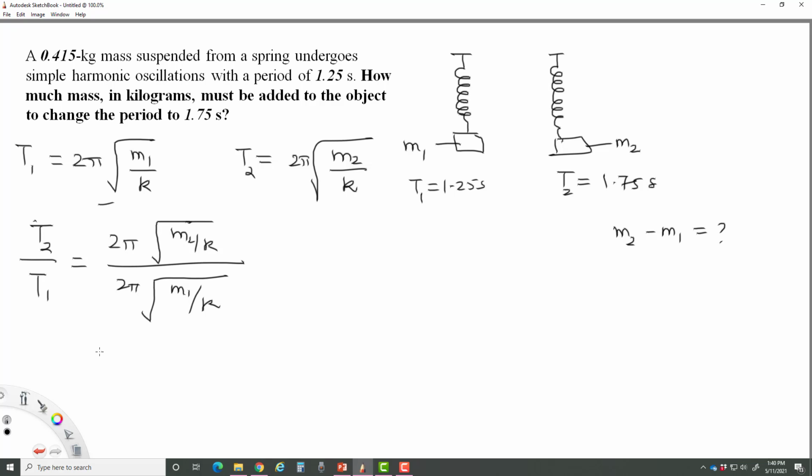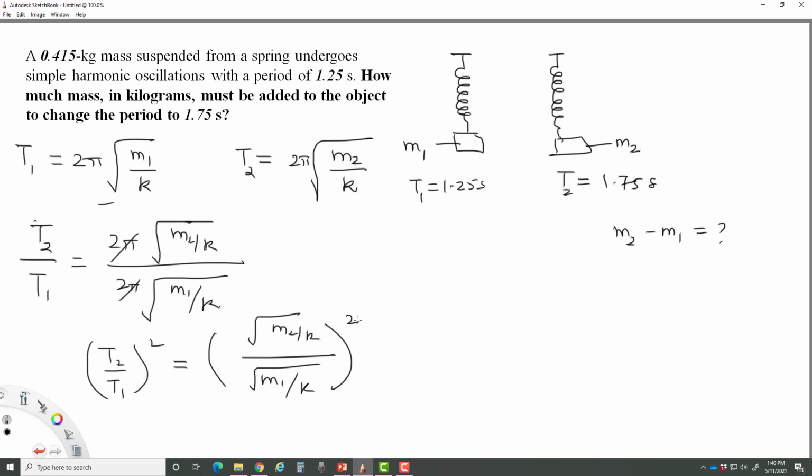Let's take the square on both sides, so T2 over T1 squared, the 2 pi and 2 pi cancel, so square root of m2 over k, over square root of m1 over k, squared. The square and the square roots cancel, so m2 over k over m1 over k, and k and k cancel, so we have m2 over m1.